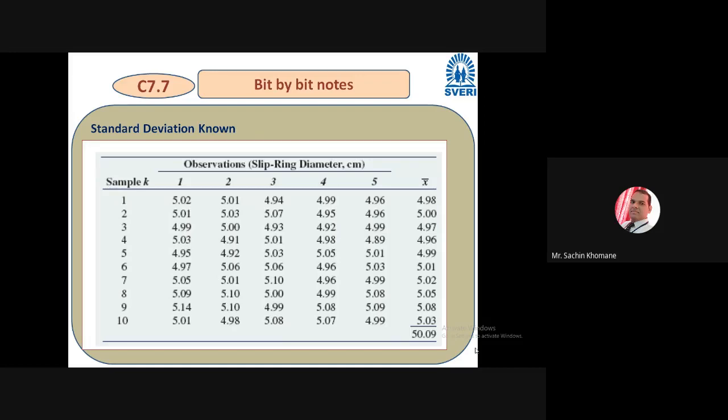By referring to the same readings, we can go for the next numerical also. So write these values correctly.